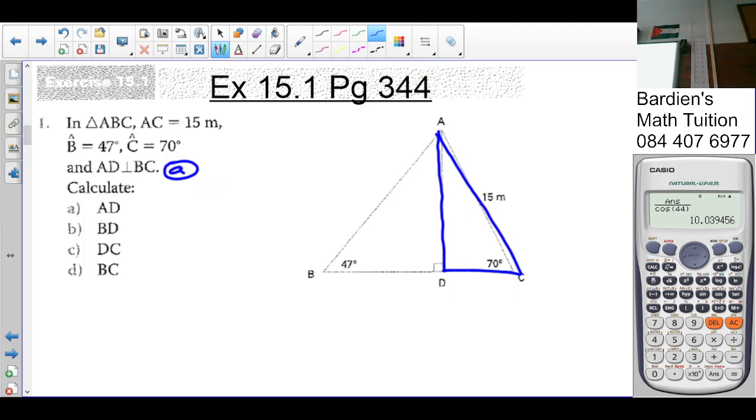So if you're going to calculate that, what is that relative to this angle? It's your opposite. What do we have? We have that one. So which trigonometric function am I going to use here? Sine. So you use sine, people.